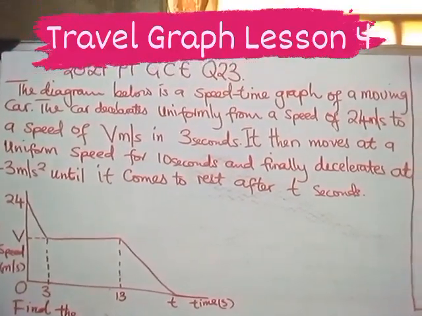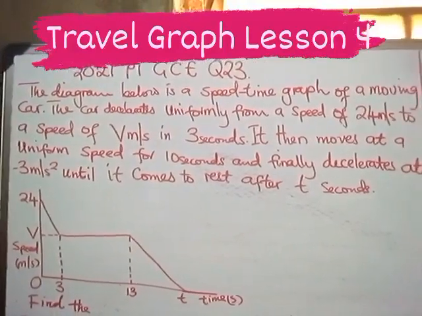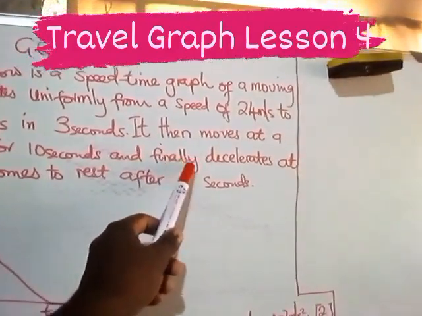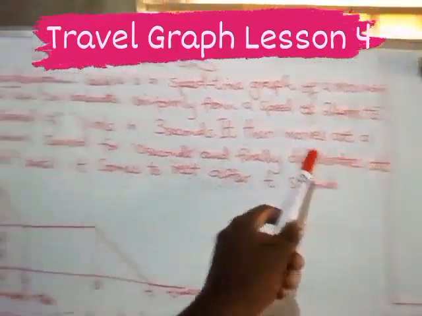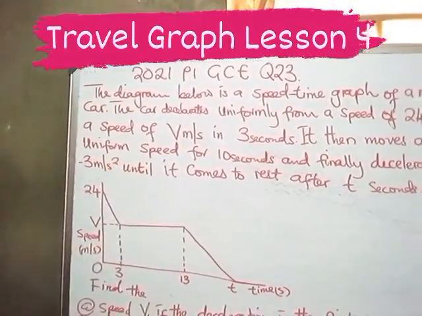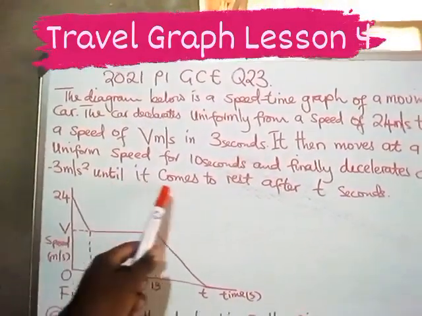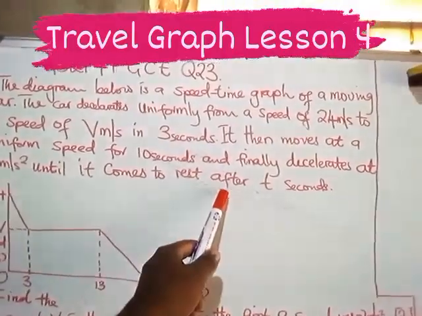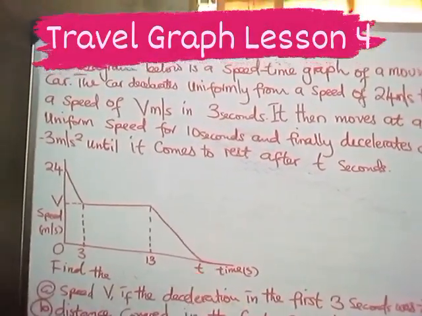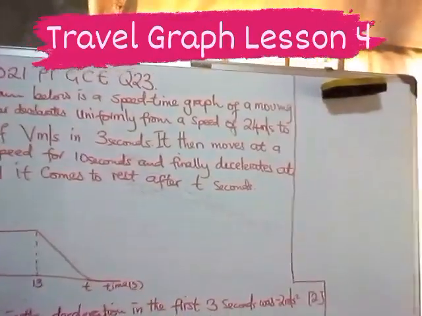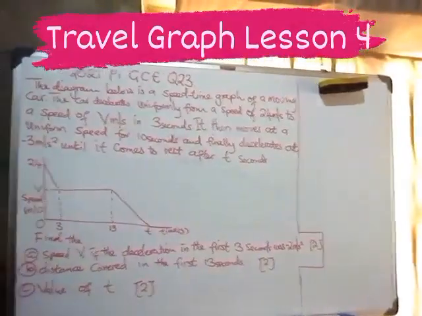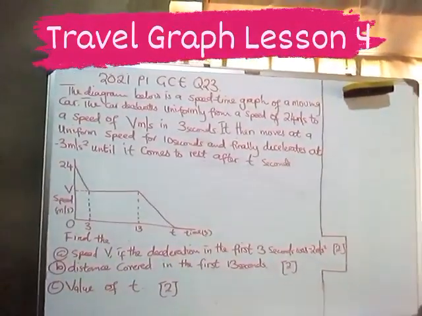So for 10 seconds, and finally decelerates at -3 meters per second squared until it comes to rest after t seconds, until it reaches here at t seconds, and not 3 seconds.